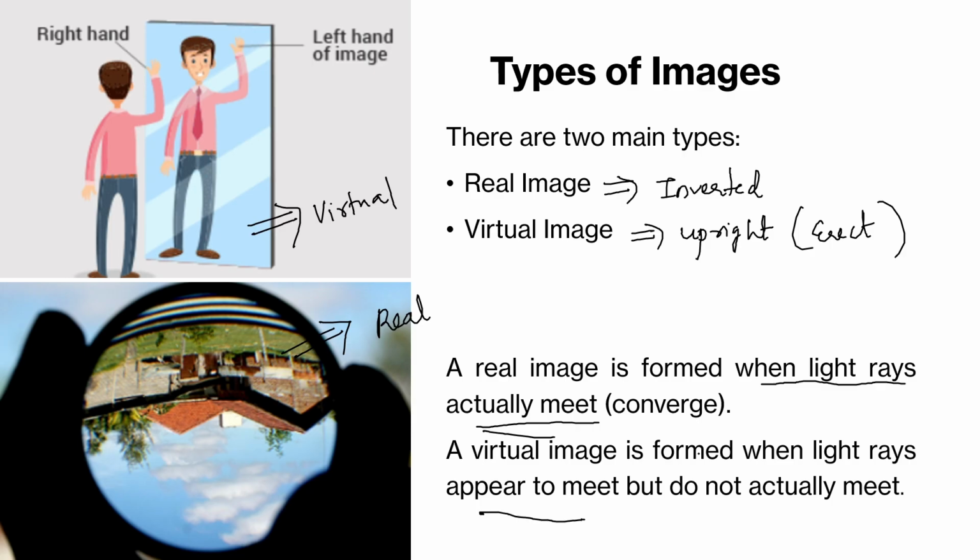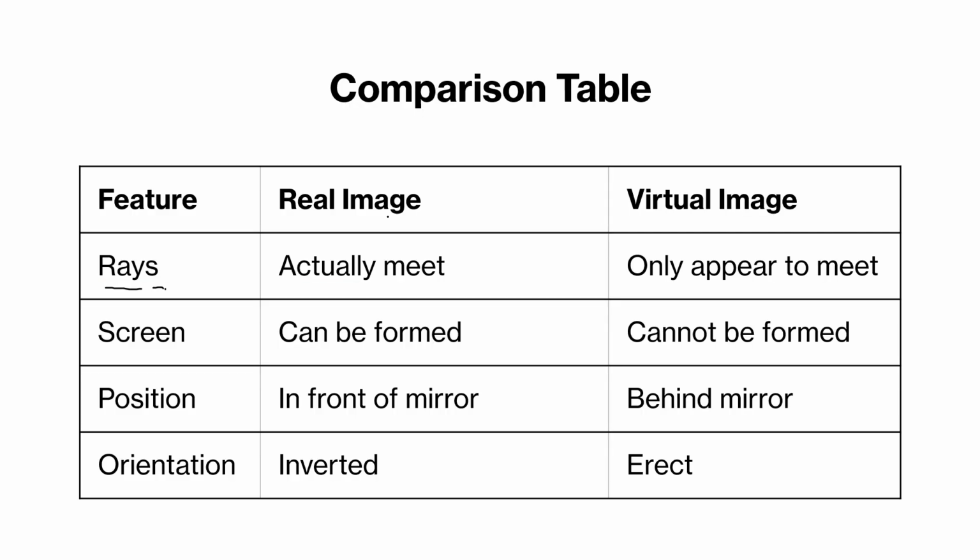Let's see some basic differences between these two. Real images are formed when light rays actually meet, that means converge. We learned in module 1 that converge means all light rays are coming together, close together.